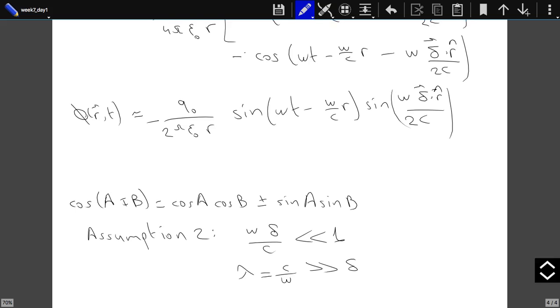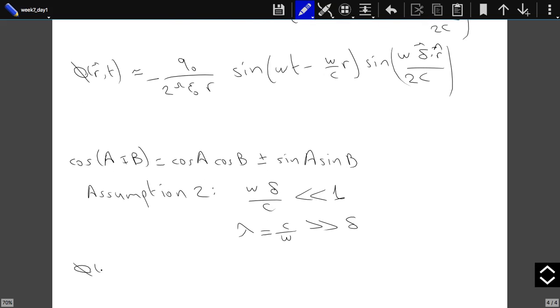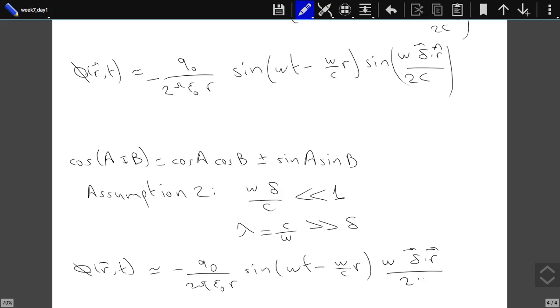Now, why do I make that assumption? Well, let's see. Phi of r and t is minus q0 over 2 pi epsilon 0 r times sine of omega t minus omega over c r. Well, omega over c is our wave vector. Times, if that angle is very small, it just becomes omega times delta dot r over 2c.